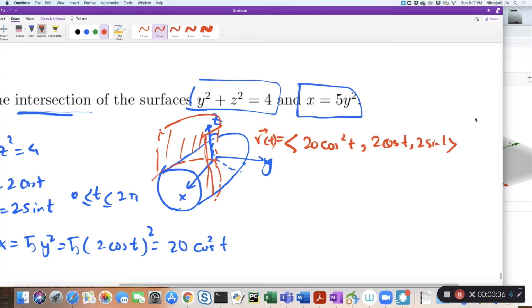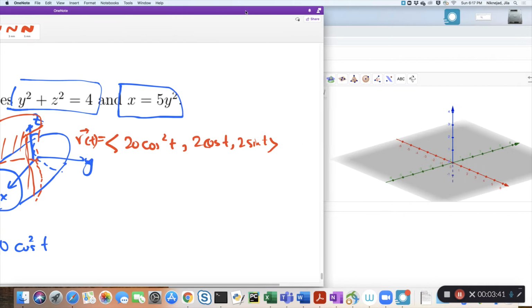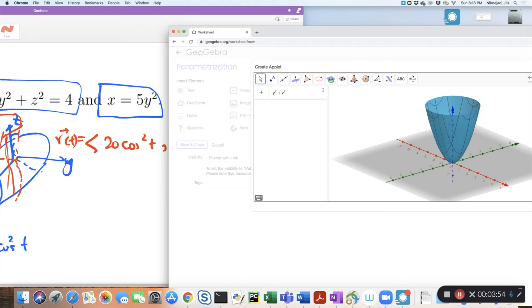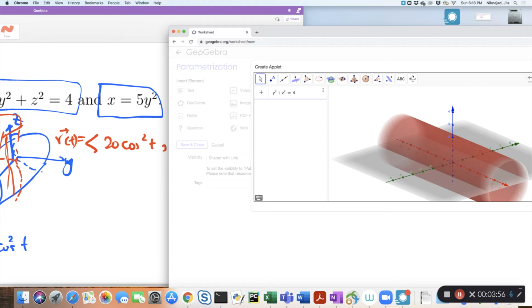Now I want to know what this looks like. I'm having a hard time imagining it, right? So what do I do? I go to GeoGebra in 3D app, and I enter y squared plus z to power 2 equal to 4, and then I enter x equal to 5y to power 2, and I get these two surfaces, right?